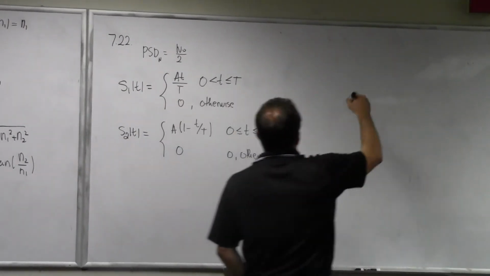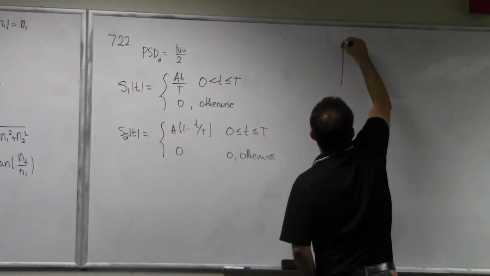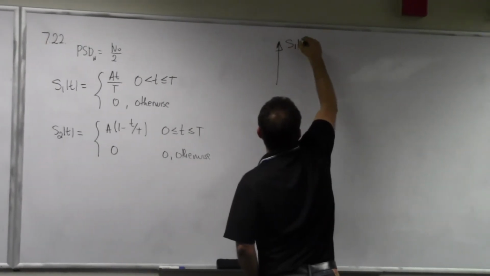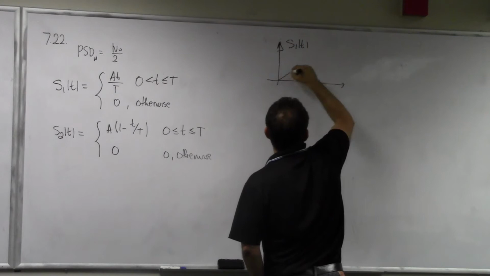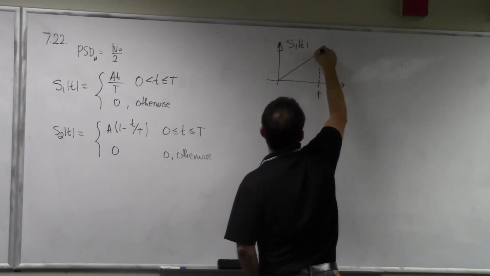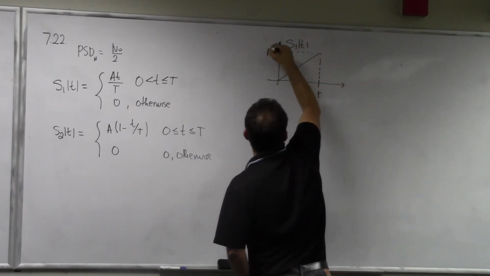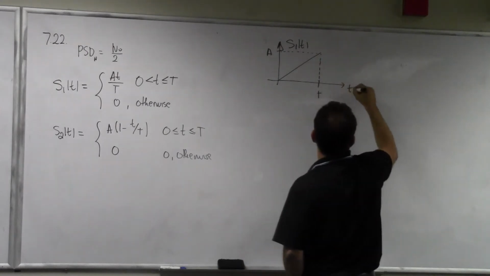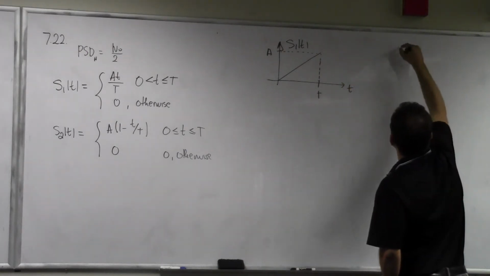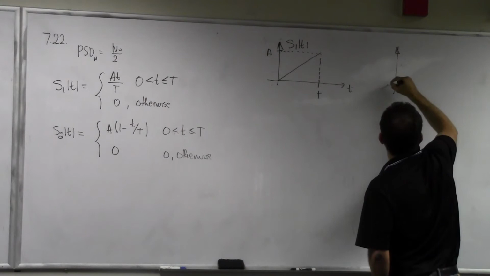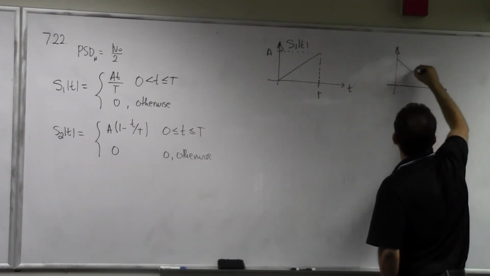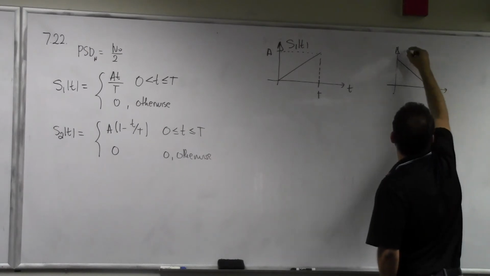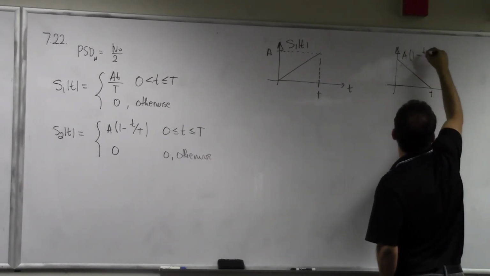Well, again, we sketch this S1 of t. This is how S1 of t looks like. This is A, and this is T. S2 of t is A (1 minus t over T).